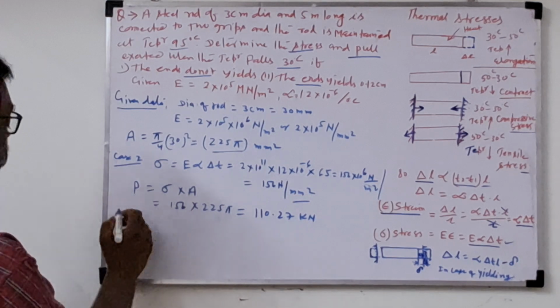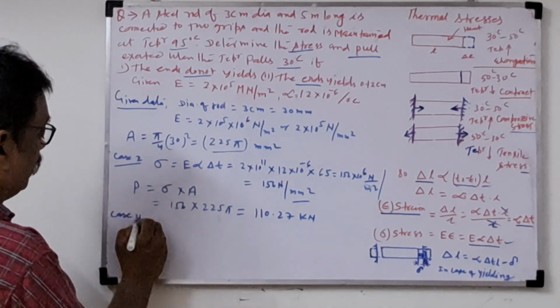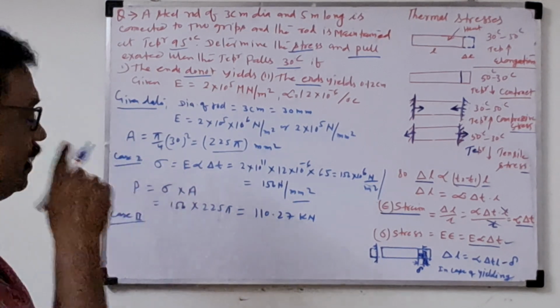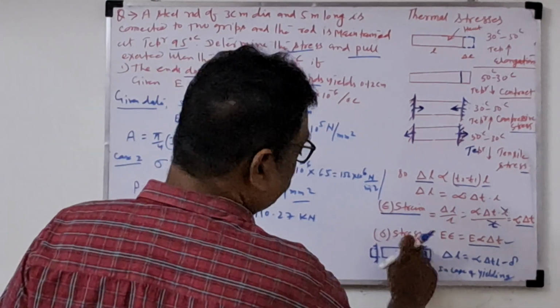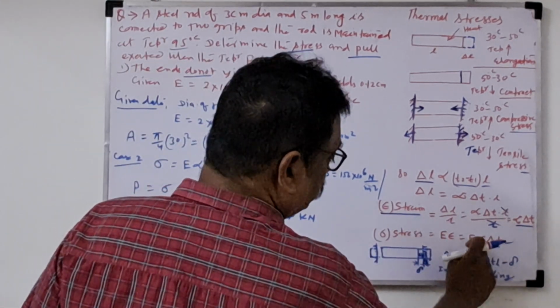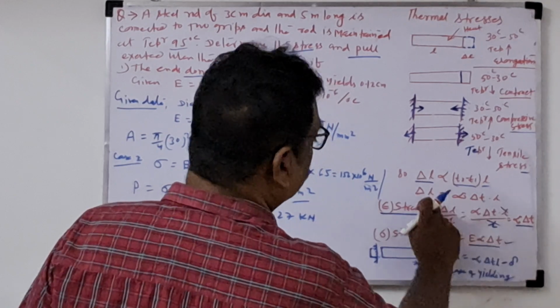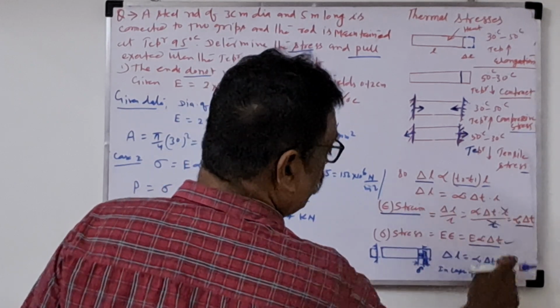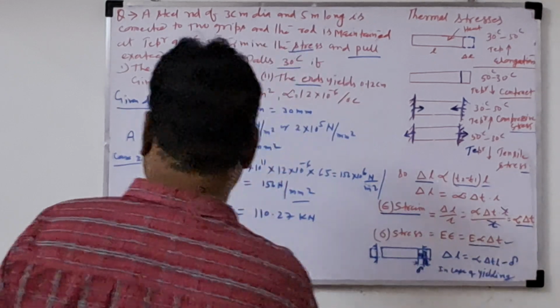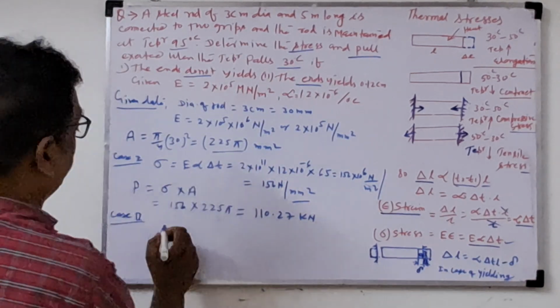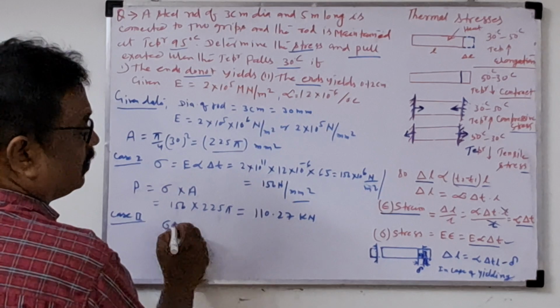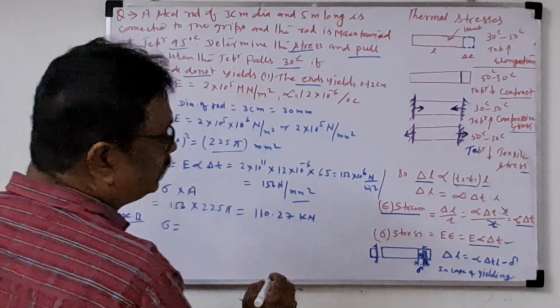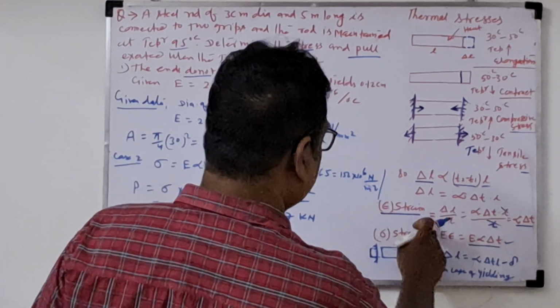Now case 2 will be there. Yielding: once it yields, then what is the stress? So the stress formula we will write, stress equal to E alpha T. But what is the change in length here? Minus delta. So now we write this formula. Stress equal to E into strain.